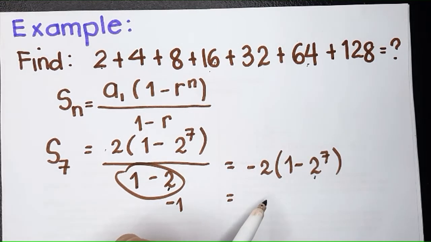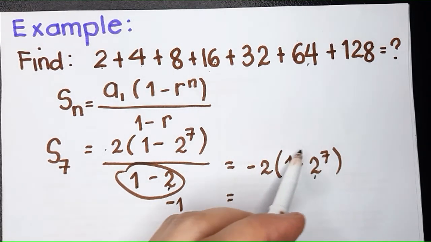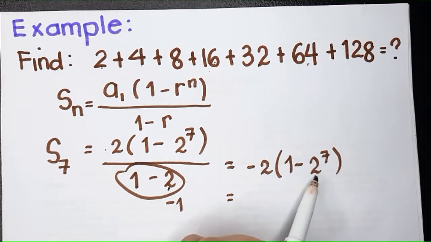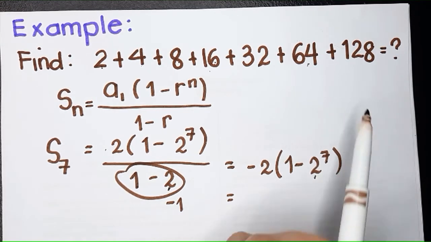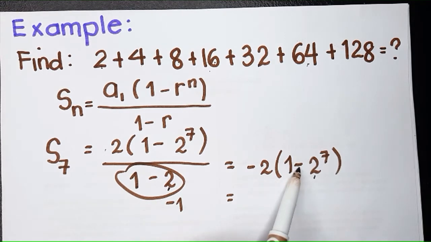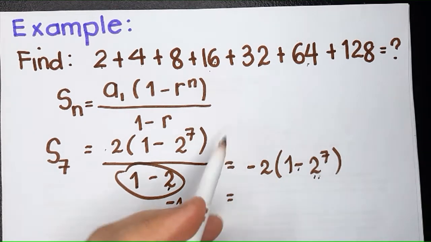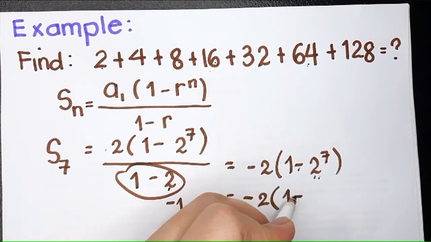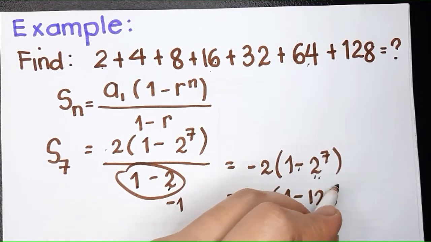So, if you're allowed to use calculator, you can easily get the value of this. Pero kung hindi, you evaluate 2 raised to 7. Pero madali lang naman yon because 2 raised to 7 is equal to 128. So, what is 1 minus 128?